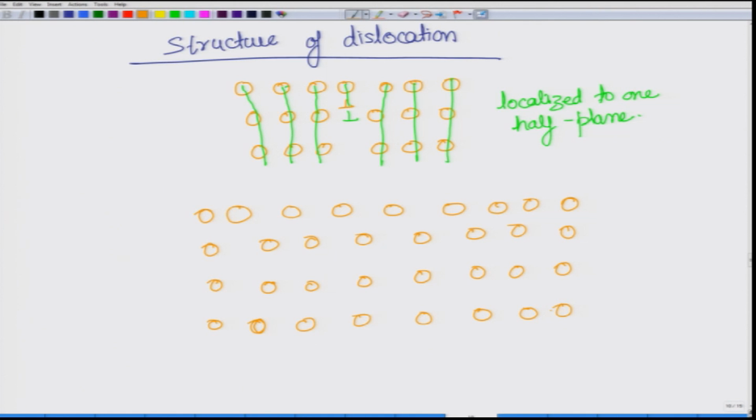Now, here if you look at it, where is the dislocation? That is a very big question. If you start looking, it is not so easy to locate where the dislocation is. In fact, if you were to really describe where the dislocation is, you would say that the dislocation lies somewhere inside this. What I am trying to emphasize here is that it is not localized. Usually it is spread over several planes.